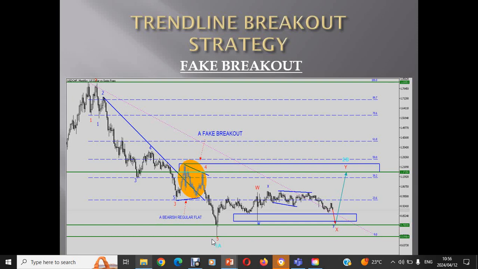So after the breakouts, do not execute trades immediately. Wait for the pullback in order to analyze the breakout itself, so you can determine whether you have a valid breakout or a fake breakout.